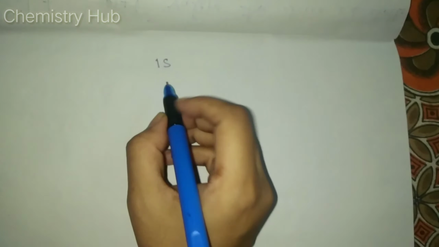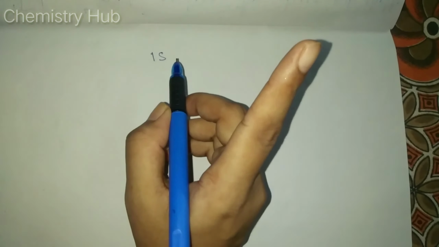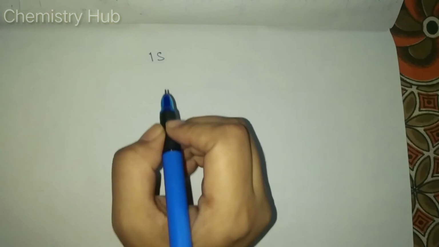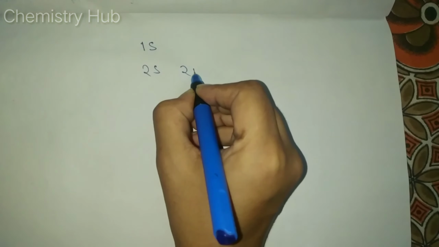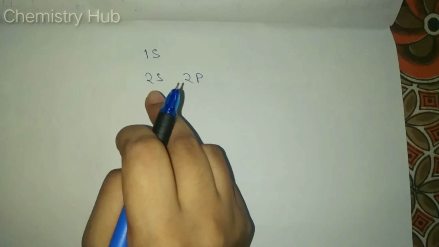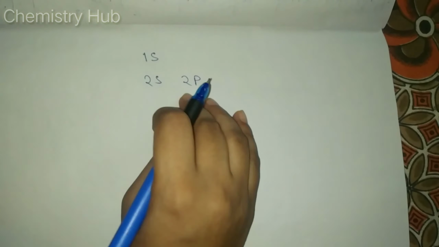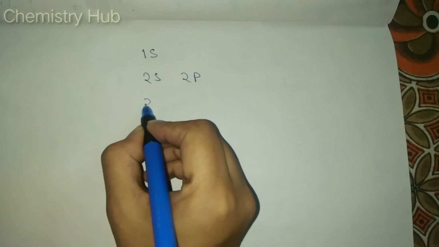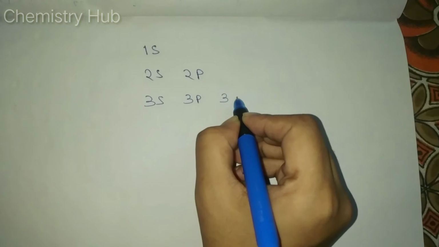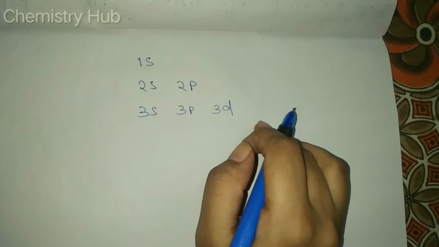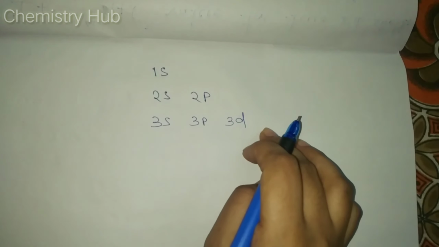Here you can write 1s, as in the first shell only one subshell is present. Then 2s, 2p, as in the second shell two subshells are present. Then 3s, 3p and 3d, as in the third shell three subshells are present.